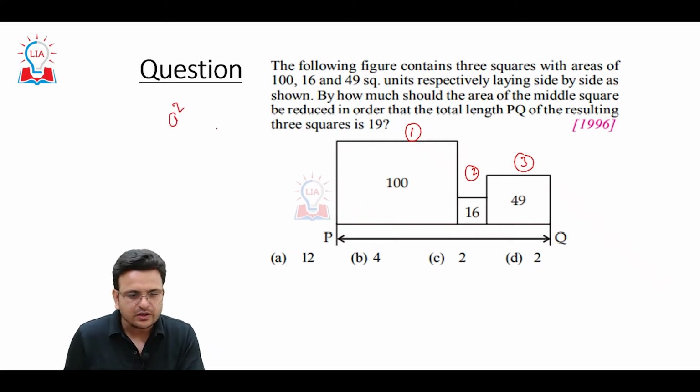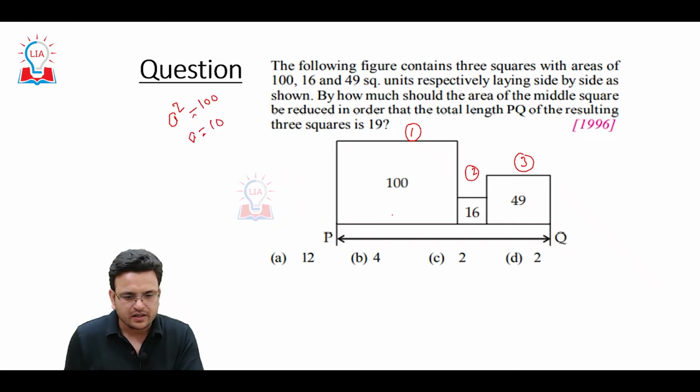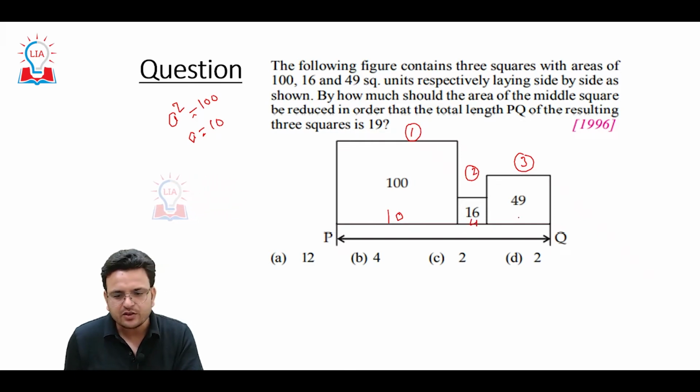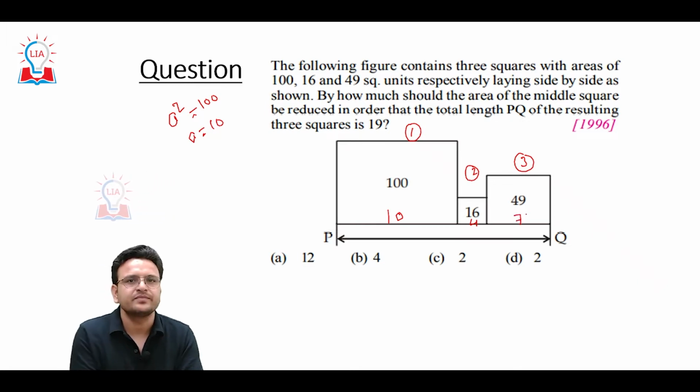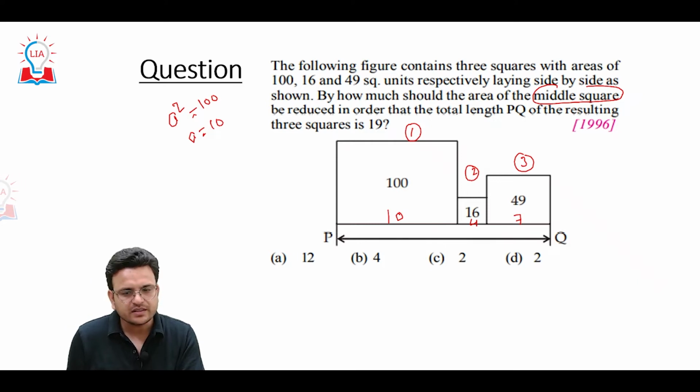So for this square, A square is 100, then A will be 10. So the side of this square is 10. The side of this square will be 4 and the side of this square will be 7.